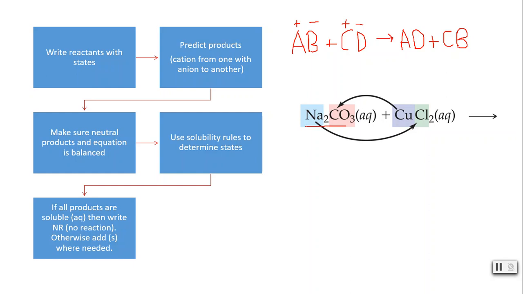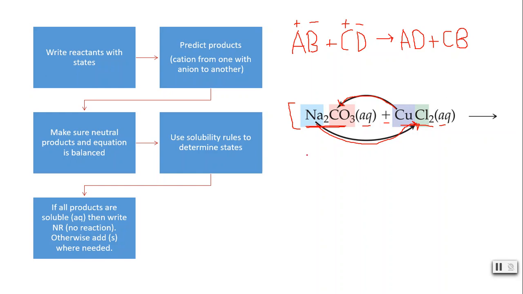In this example, we have sodium carbonate that is aqueous reacting with copper 2 chloride that is also aqueous, and we want to know what the products of this double displacement reaction are. In this little cartoon that's listed, we already have the arrows showing you the crisscross, or the switching of pairs of ions, to give you the products.